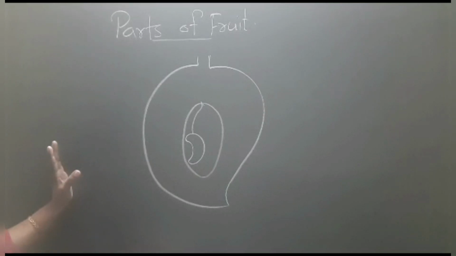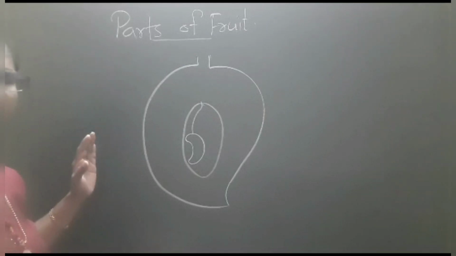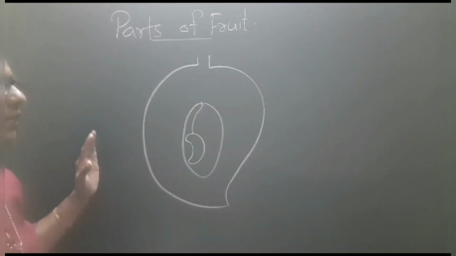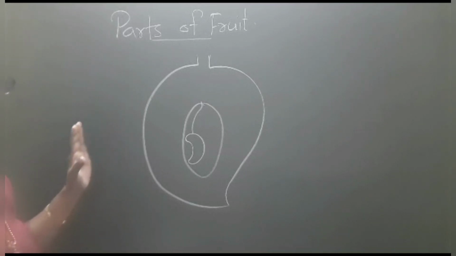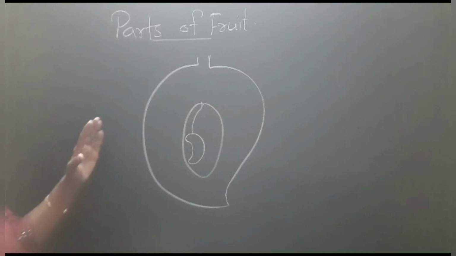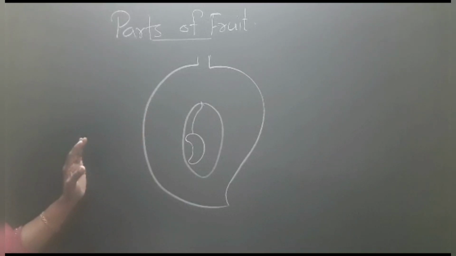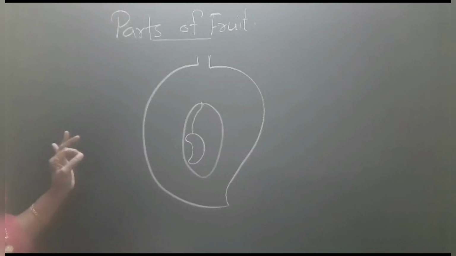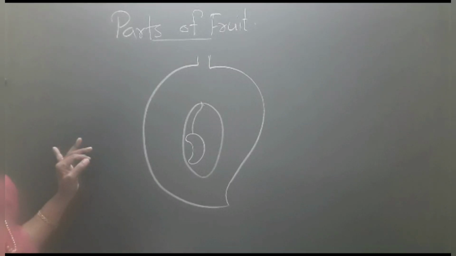Now the ovary wall, the pericarp, develops into 3 layers in fleshy fruits.